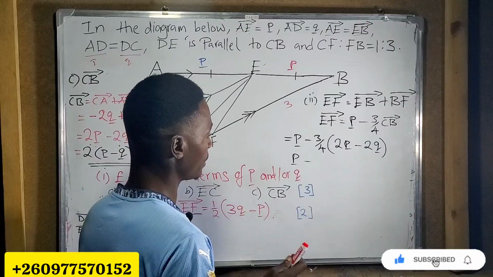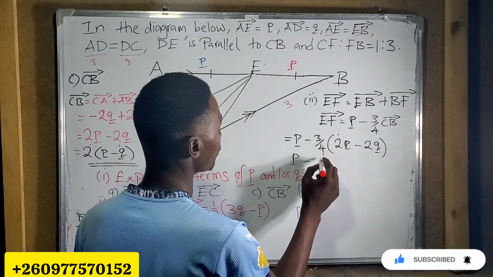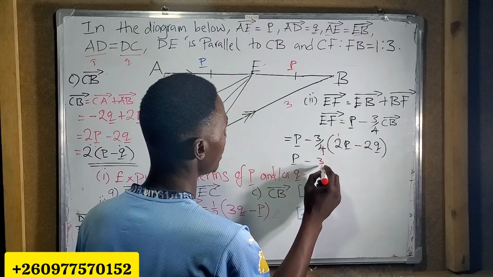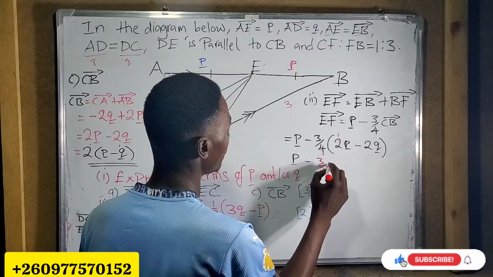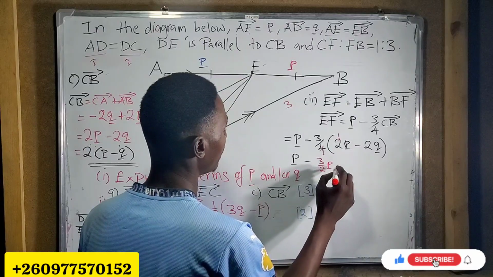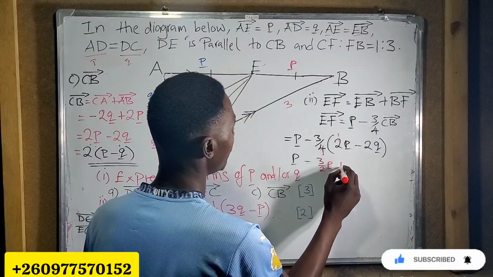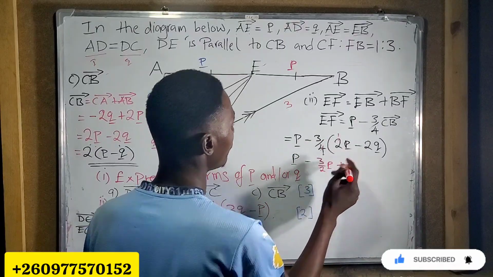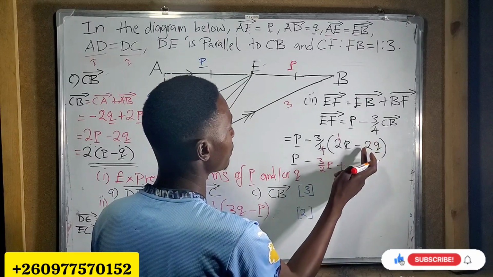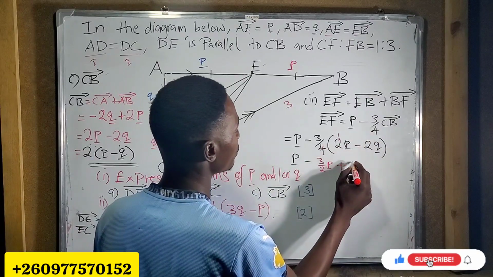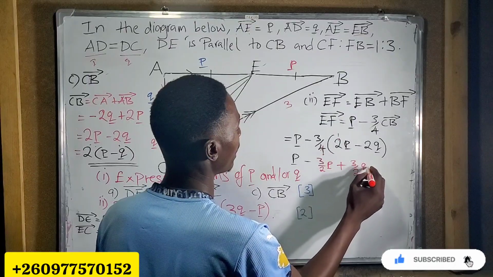Division: 2 into 2, 1. 2 into 4, 2. So it's the same as we have 3 over 2 P, vector P. Then negative plus negative is positive. So you do the same: the 2 there, 1, 2 here, 2. So just remain with 3 over 2 vector Q.